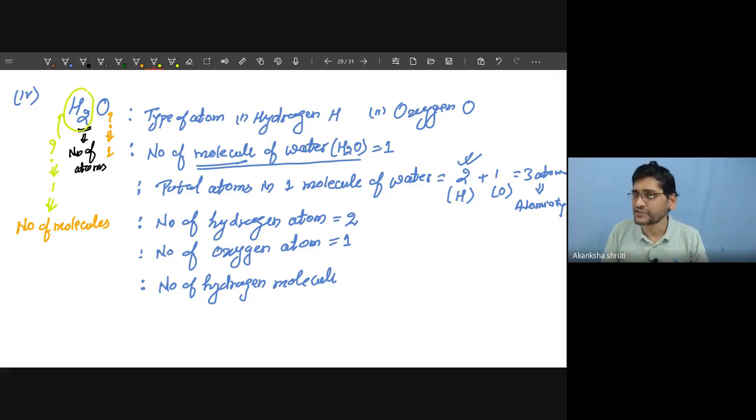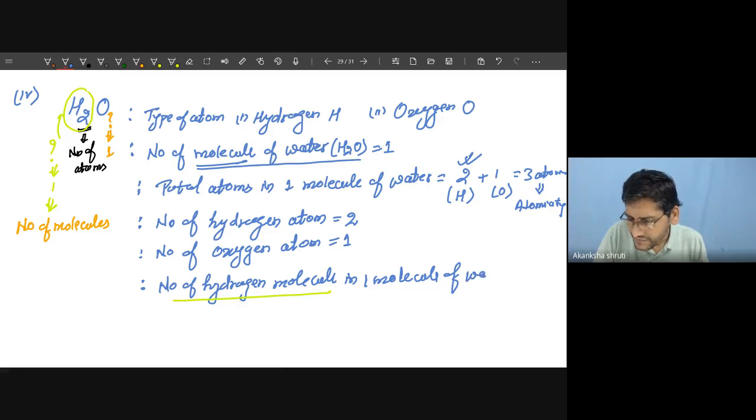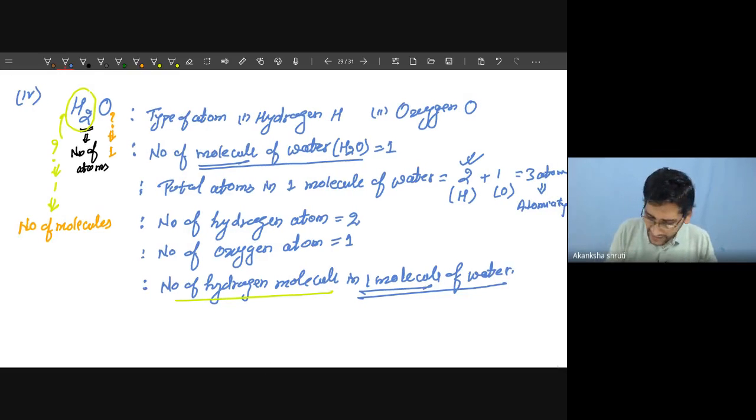Student, this is the difference you have to understand. If you are considering the molecule itself, then in one molecule of water, this H2 you cannot consider as a molecule of hydrogen present. 2 atoms are present and they are just written as H2. Getting? So writing or asking this way is a wrong concept.